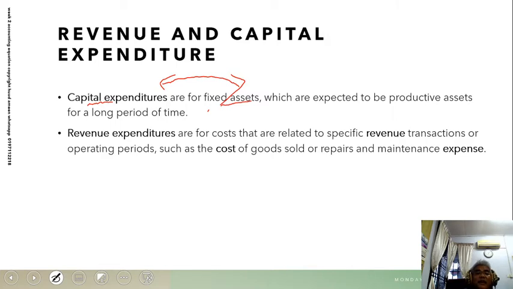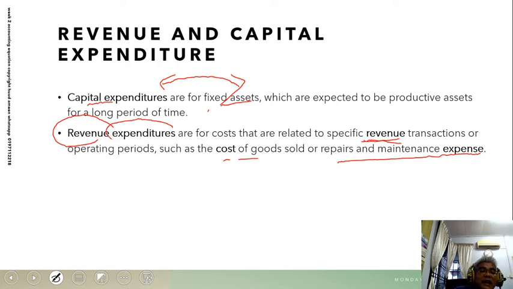The other name of capital expenditure is fixed asset. Revenue expenditure is for costs that are related to specific revenue, such as revenue transactions or operating costs like cost of goods and repairs and maintenance.